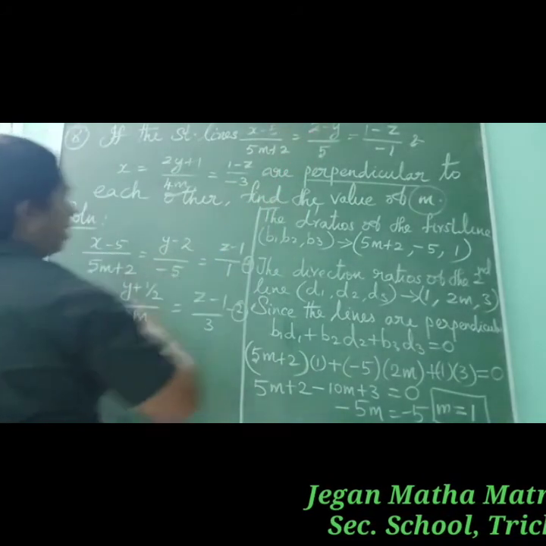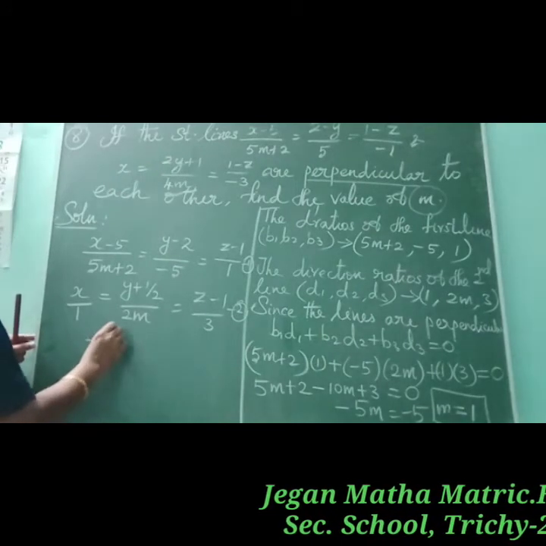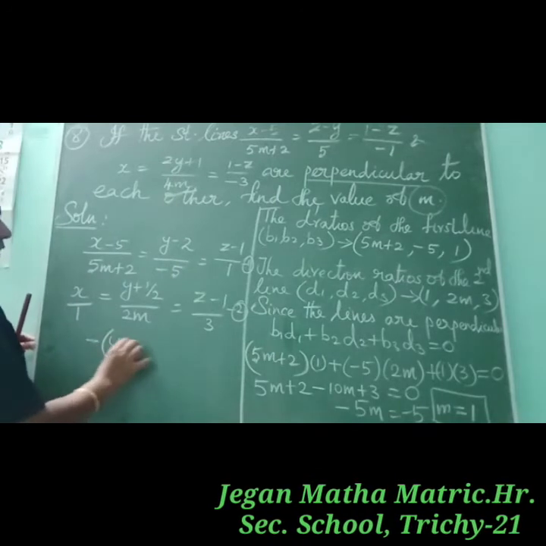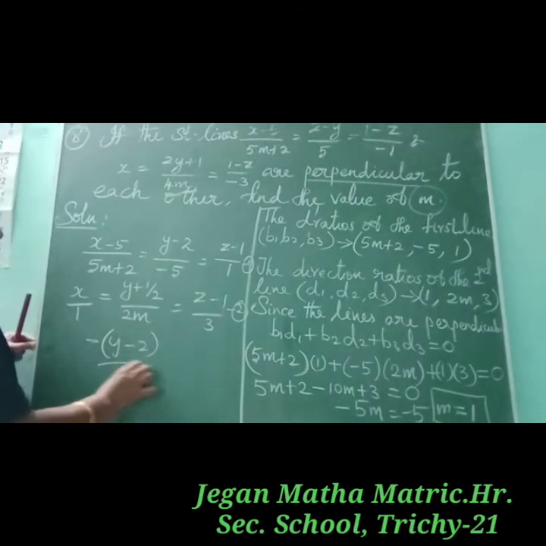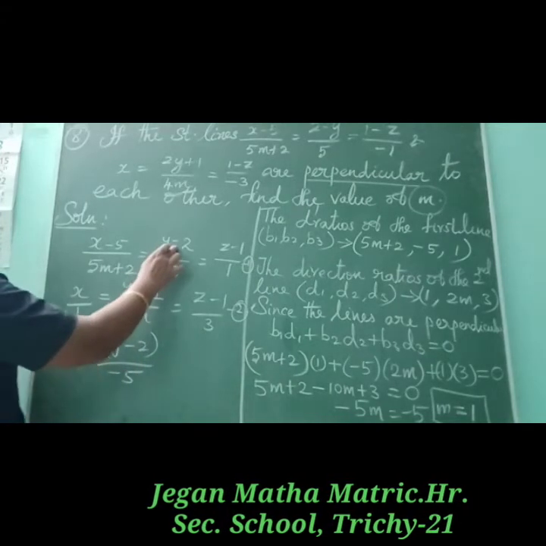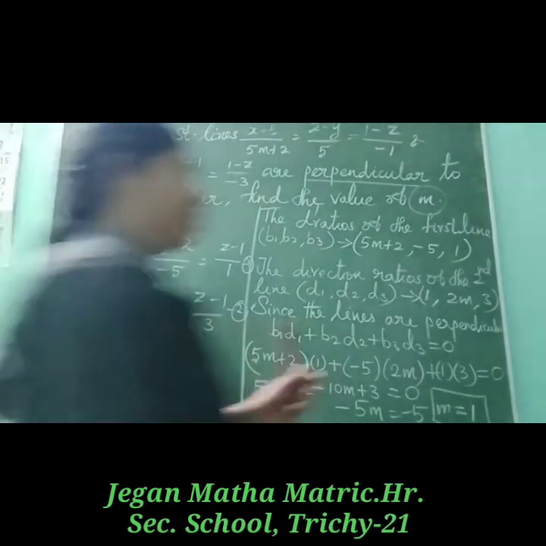For 2 minus y, if you take one minus sign outside, this will become (y minus 2) divided by 5. This minus sign we take to the denominator, so this will become (y minus 2) divided by minus 5.